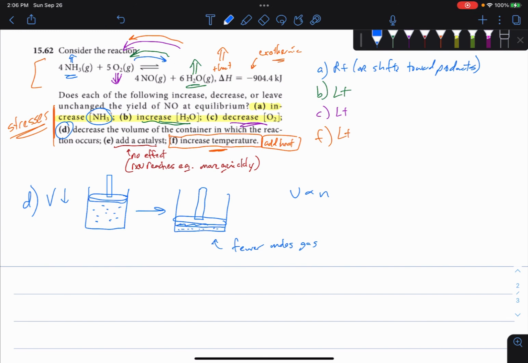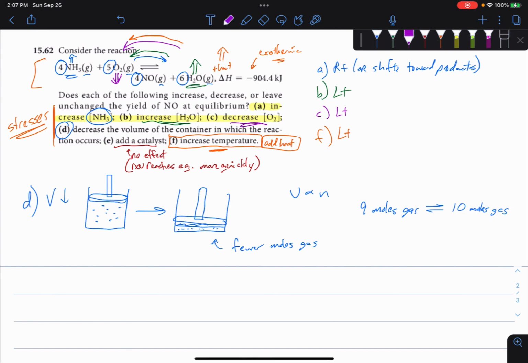So what do I mean by that? Well, the number of moles here, we're dealing with all gas phase reactants and products. So let me rewrite this down here, and I'm looking at the molar coefficients. On the reactant side, I have 9 moles of gas. And on this side, I have 10 moles of gas.